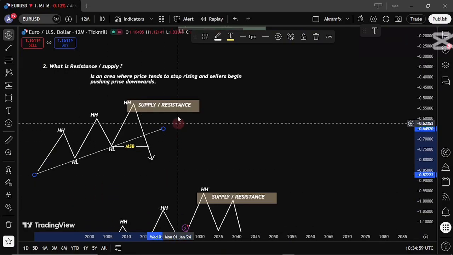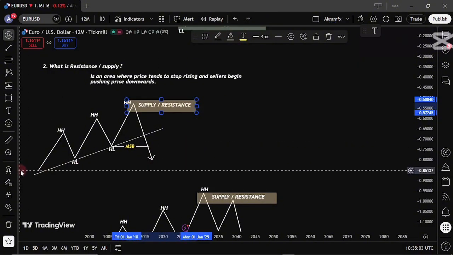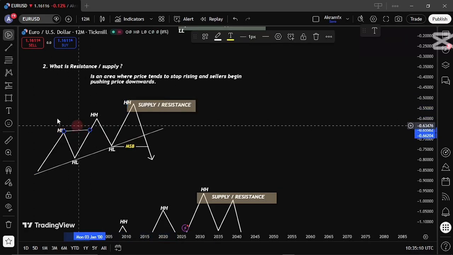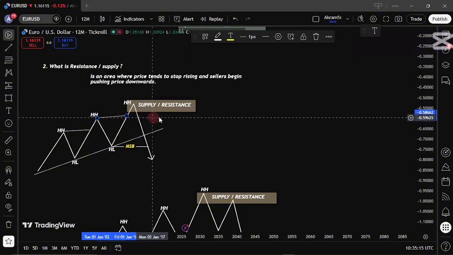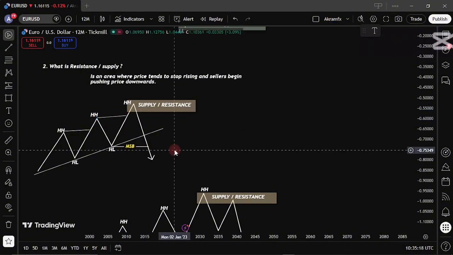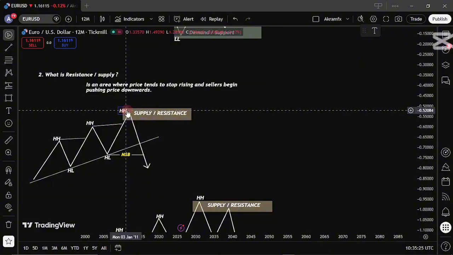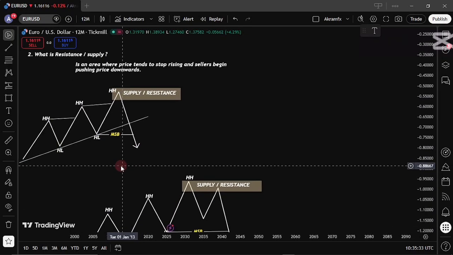So they come in and place a lot of orders here in a zone, but by the time they press orders, buyers are already getting exhausted, because from here we can see that they've made multiple breakouts of structure, and the trend is very strong. Buyers can't fight against these pending selling orders. Definitely prices will get rejected, and sellers will push these prices downwards with huge momentum.